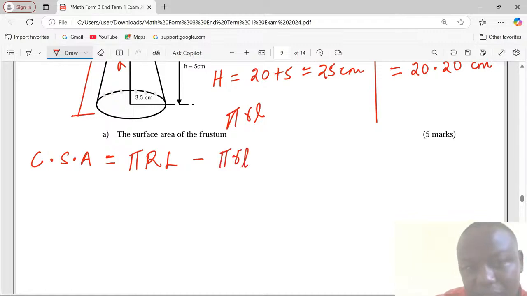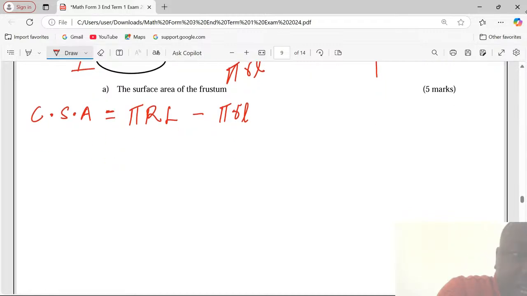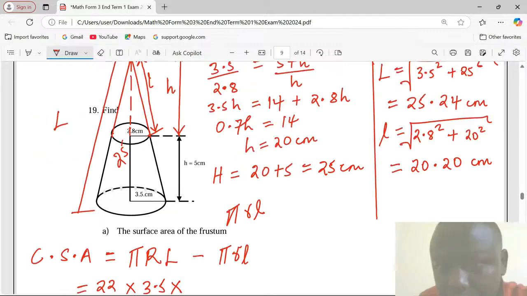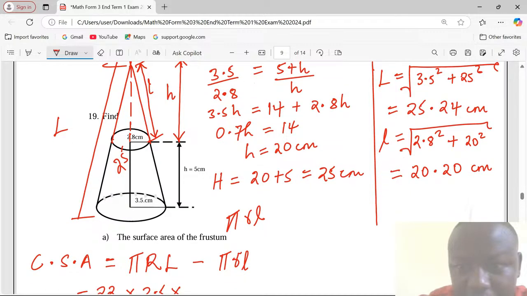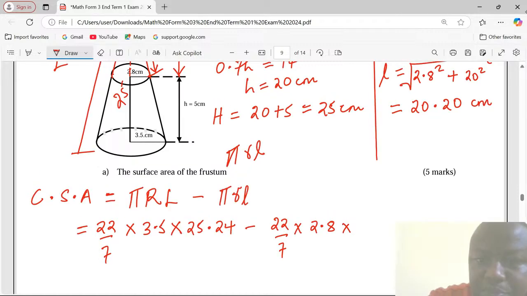So I'm using capital letters minus small letters. So the curved surface area will be 22/7 by a radius of 3.5 and a slanting edge of 25.24, minus 22/7 multiplied by a radius of 2.8 multiplied by 20.20.